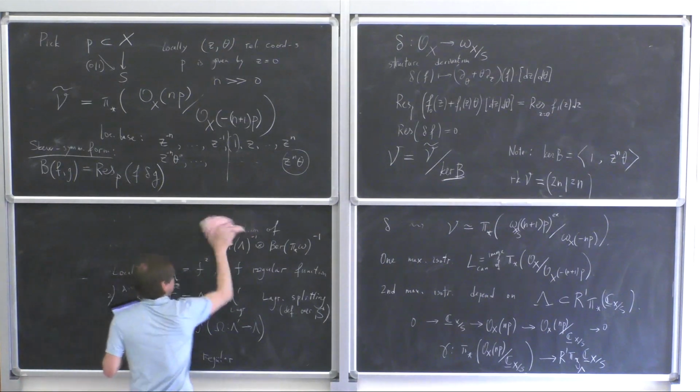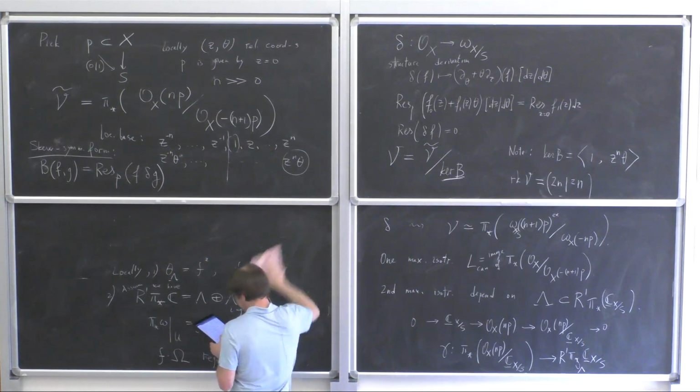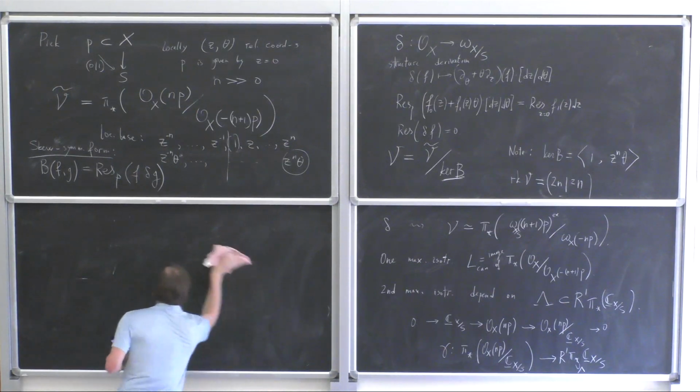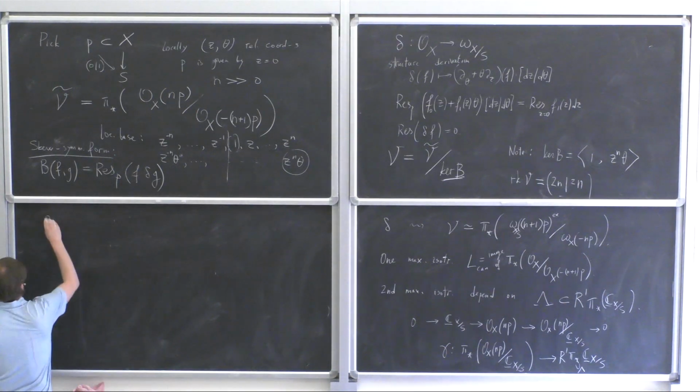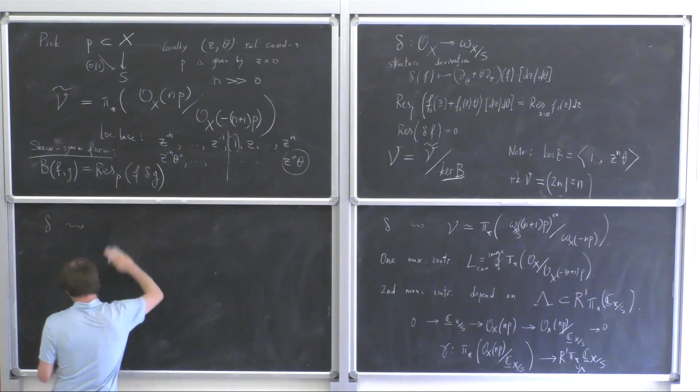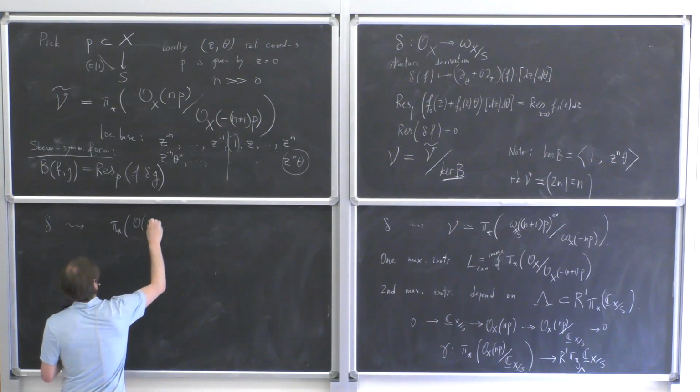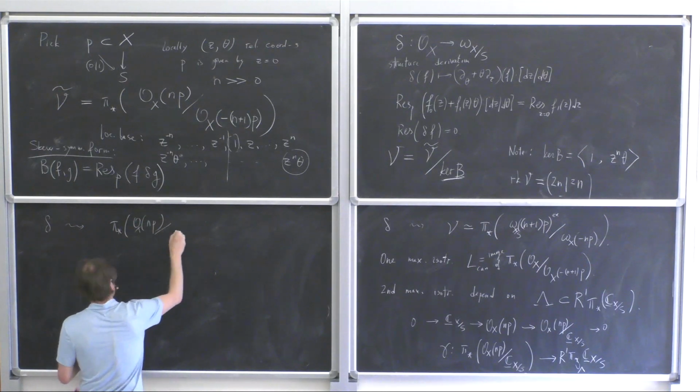So namely, again using delta, I can identify pi star of O(mP) modulo constants.